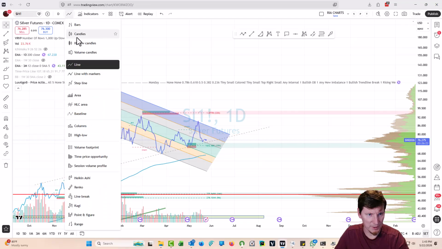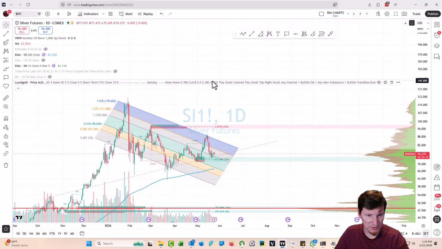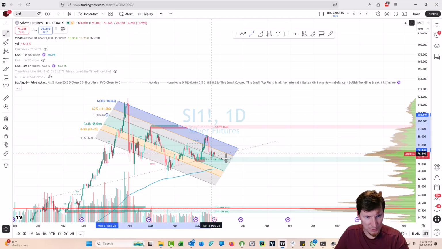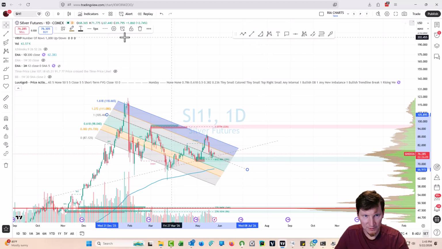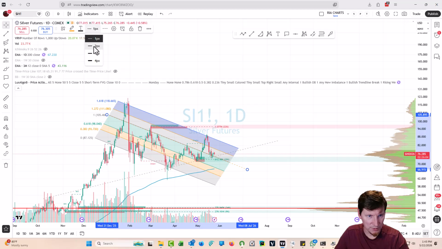So go back to our weekly. Conventional wisdom says right here, what are the criteria to call this a signal, right? So we need a weekly close above this line. I'm going to make it orange and larger. So we need a weekly close above this golden line.